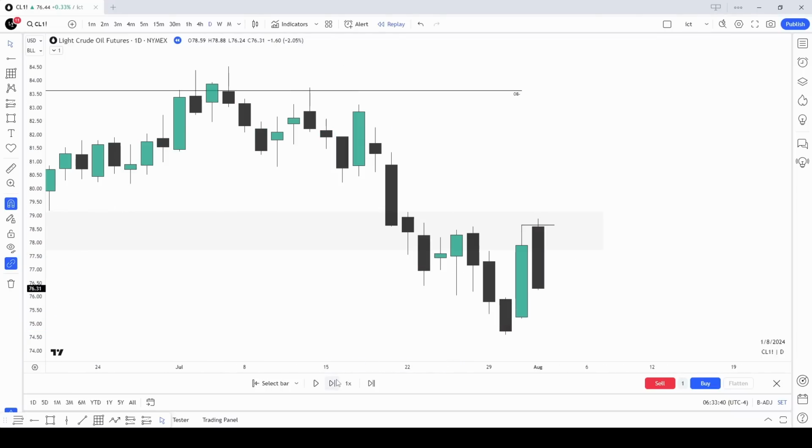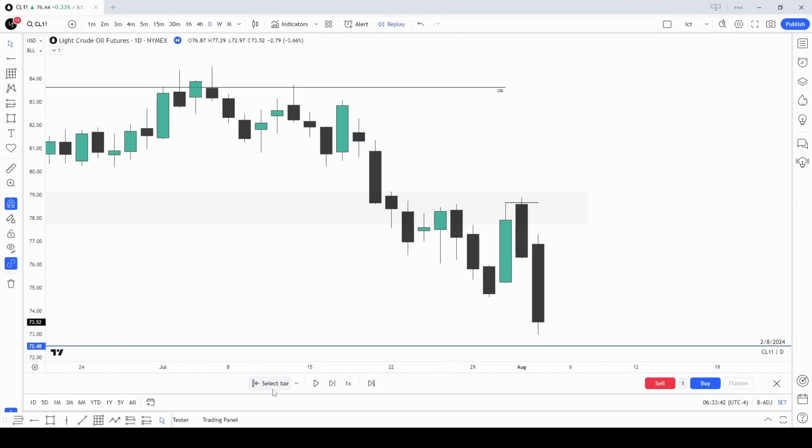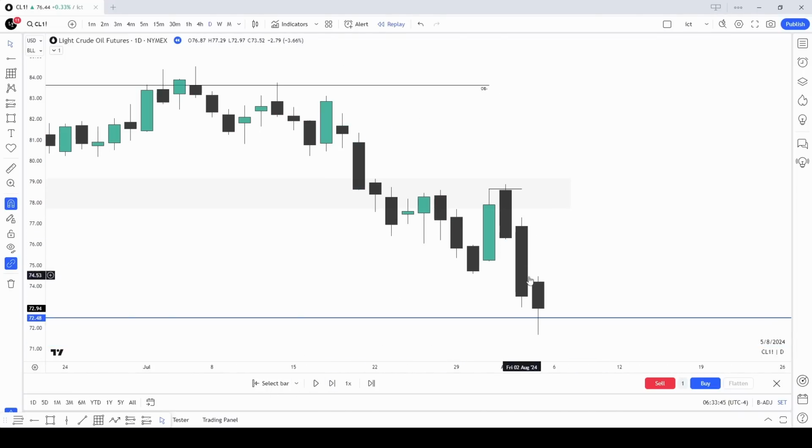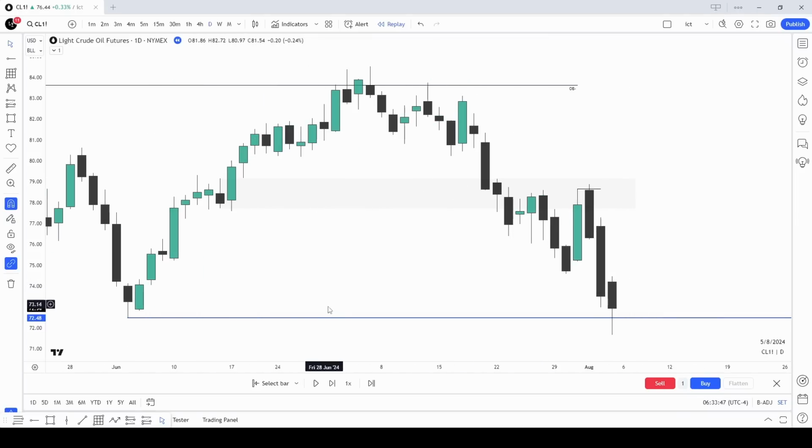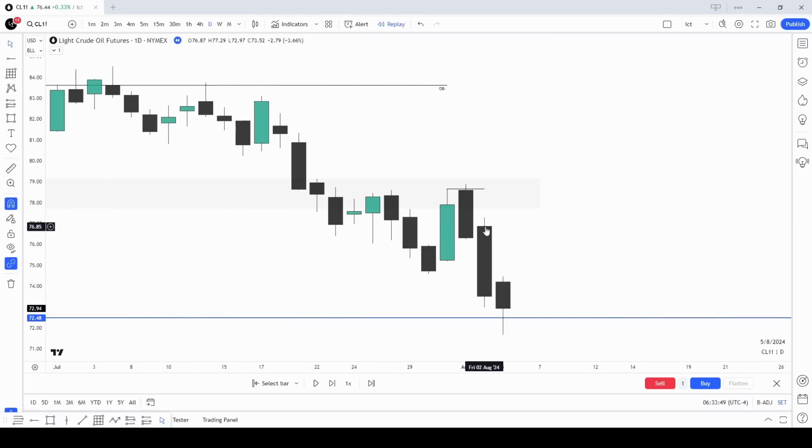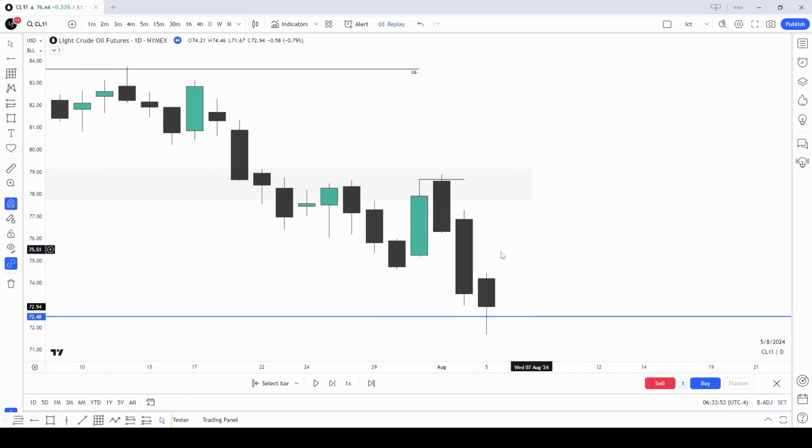We should, in theory, expand lower, and that's exactly what we do, and clear up the sell side liquidity below here. And again, we get an open, a high, a low, close, an open, a high, a low, close. These two candles right here, okay? If I go here, this one right there, and this one right here.